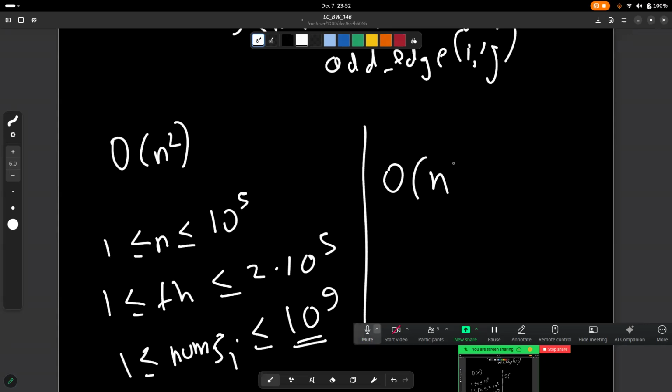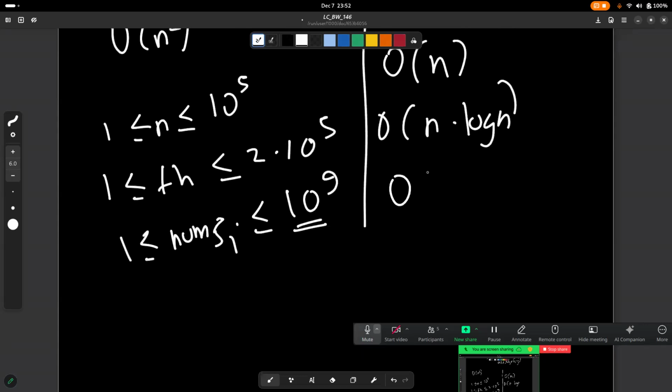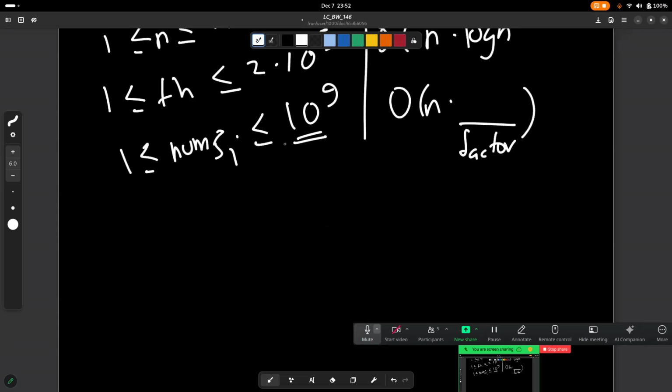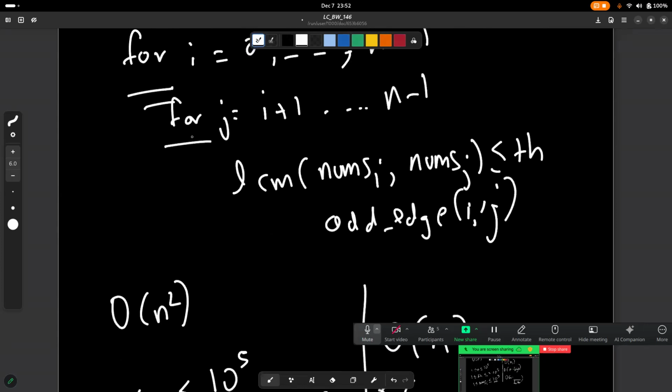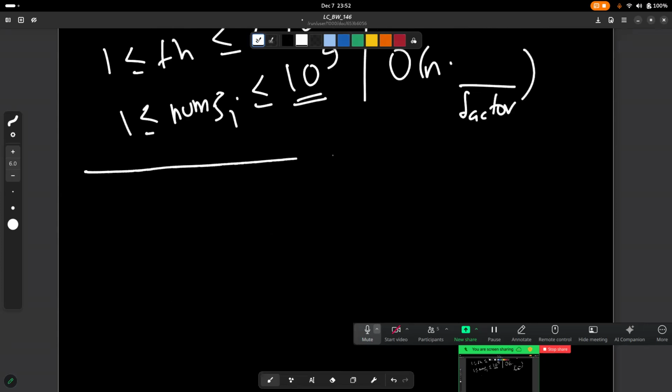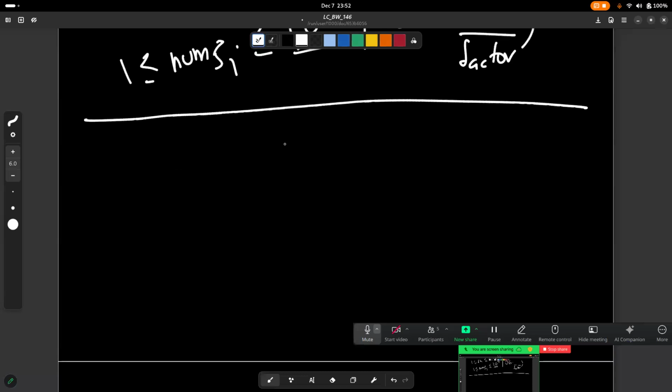You could either have a big O of n solution or a big O of n log n solution, or a big O of n into some constant factor, or at most n root n. Even n root n would be a very big solution. So this brute force approach does not work. This would lead to TLE by analysis. And now we have to think of something.